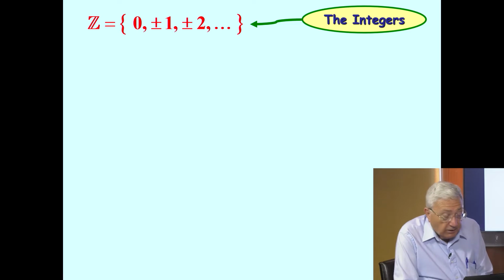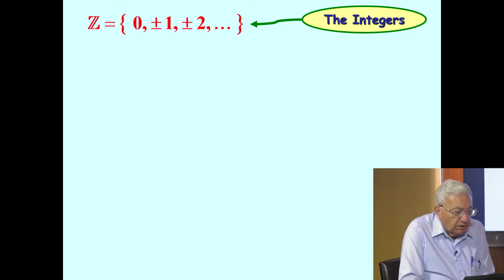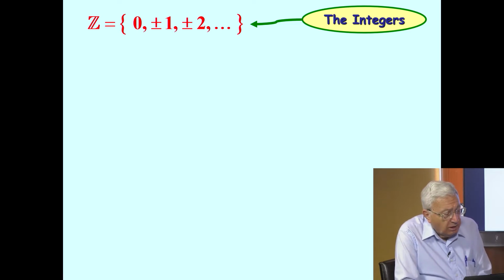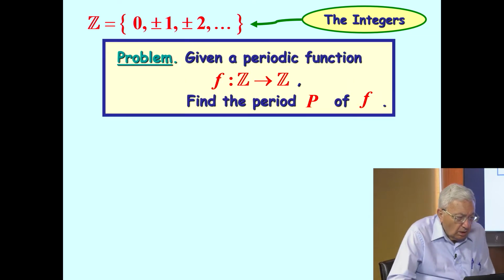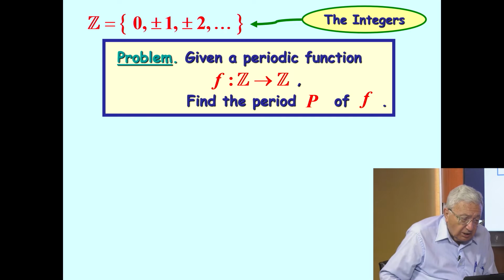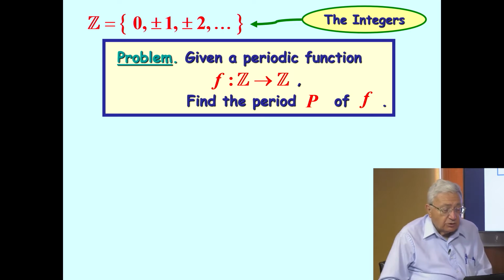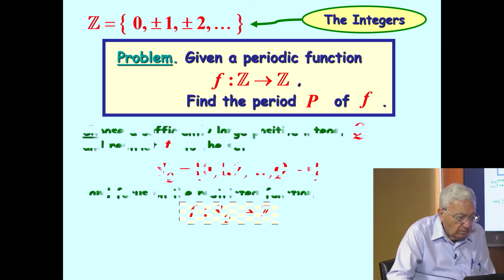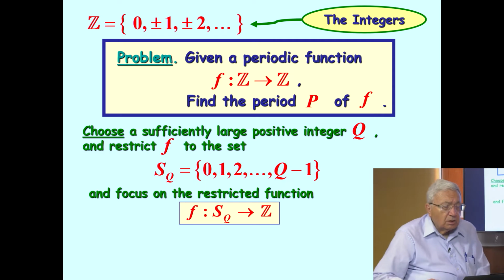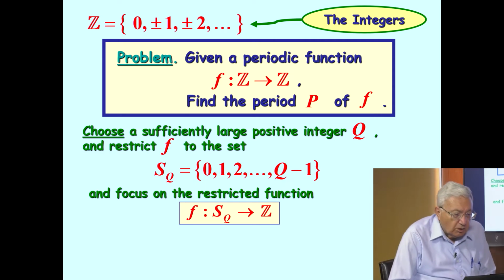So let's take a look at that. Let blackboard Z be the set of integers. Problem: given a periodic function f, from the integers into the integers, find the period P. We wish to place this on a computer.